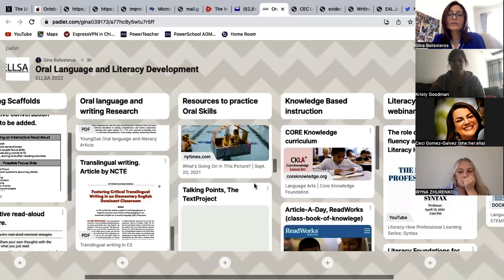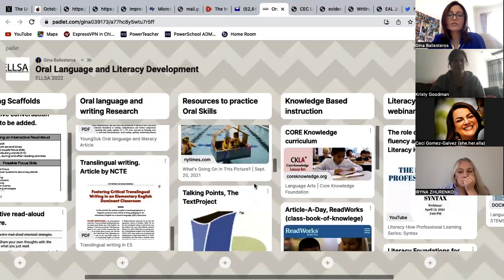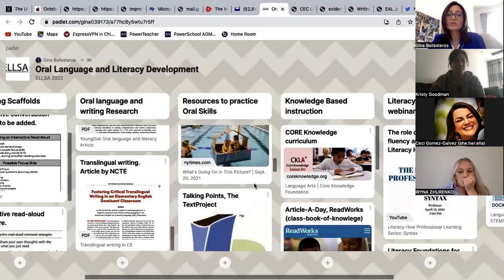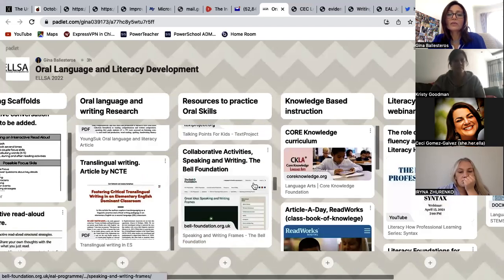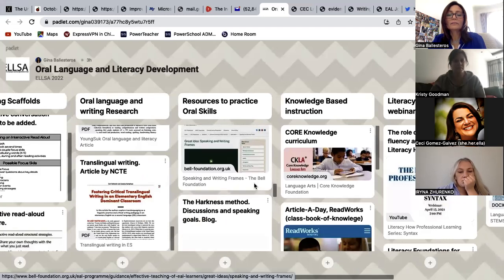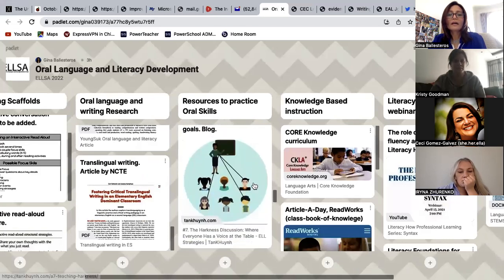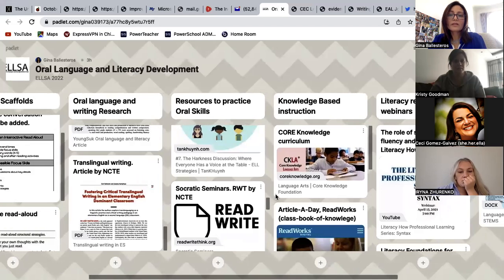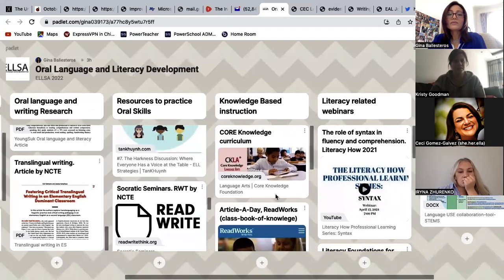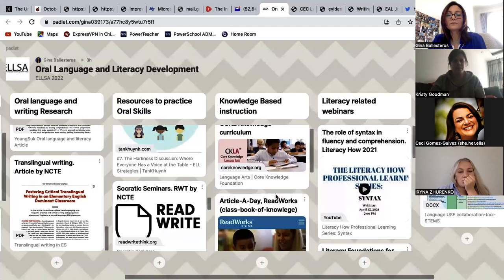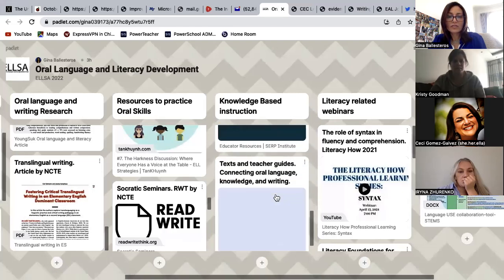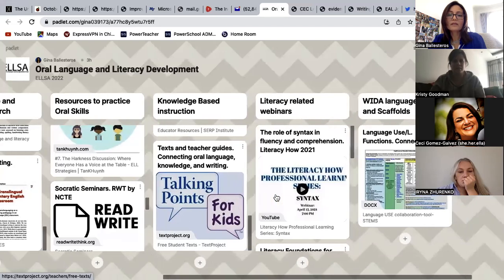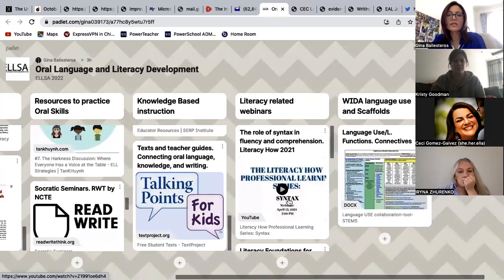Some of the articles that I mentioned during the presentation, or some activities that you can try in your classroom to start working more on oral language skills are here. And Socratic seminar information. If you're interested in resources that involve knowledge building and connections with content areas, there are lots of resources out there.